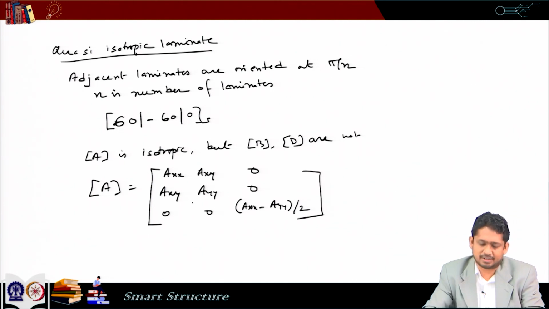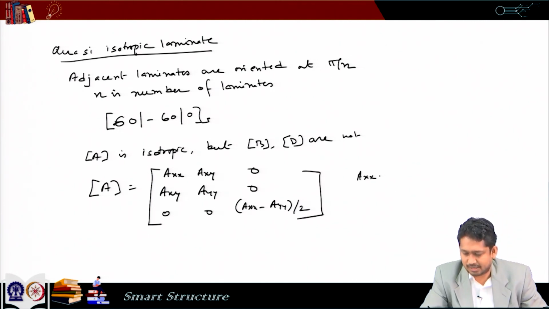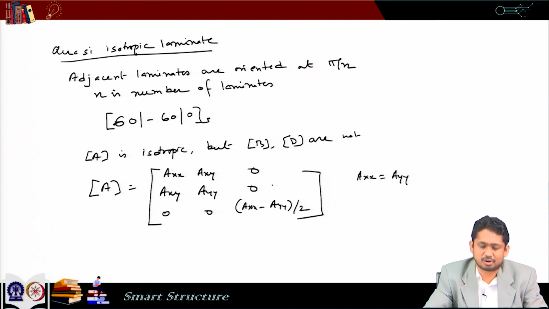This is how the A matrix of a quasi isotropic laminate looks, and we have A_xx equal to A_yy here. So, this is more of an isotropic behavior. The A matrix is isotropic, but B and D are not.